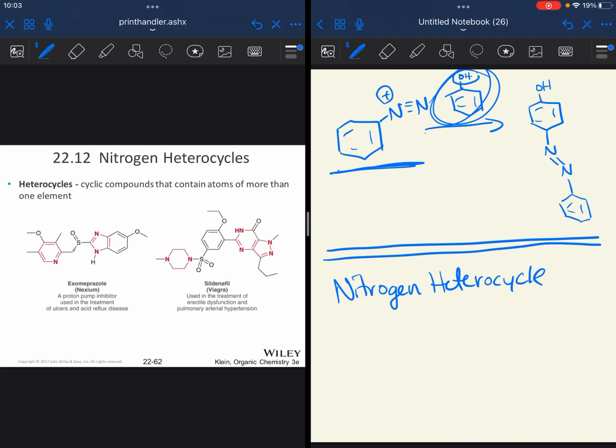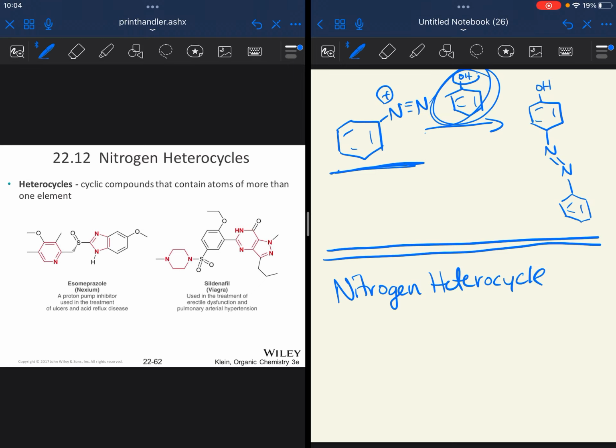I want you to know 4 of the most common heterocycles, and I just want you to know their names. So here we're seeing Nexium and Viagra as examples where you're going to find heterocycles. And if I haven't defined it before, heterocycle just means a ring that has something other than carbon in it.